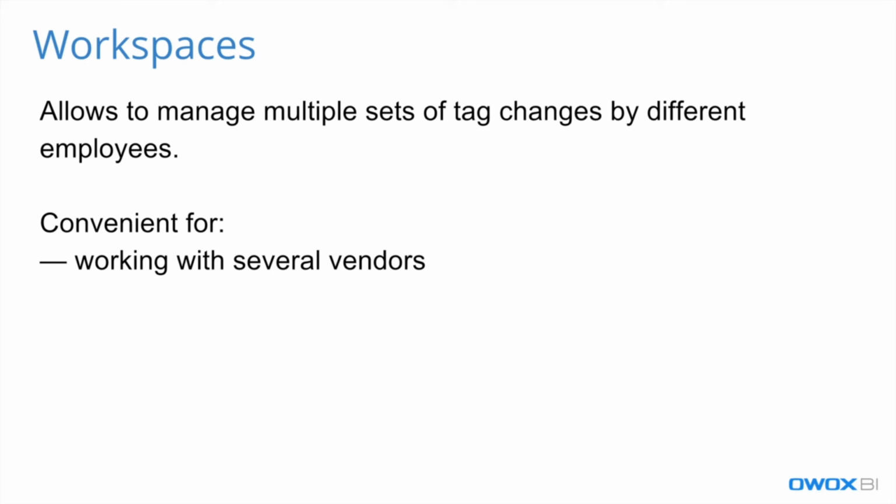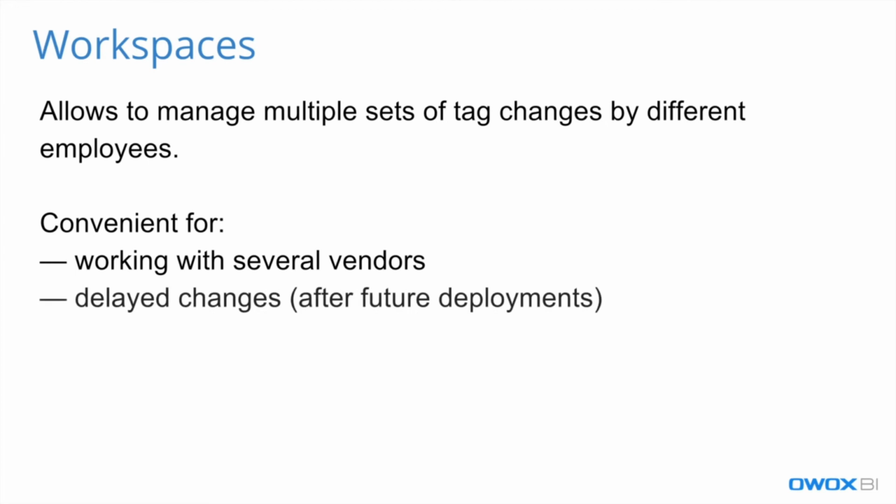So that's why when you create a workspace, it is, let's say, a local environment for each user who works with the system, and he can create any settings that he wants. So it is, first, as I said, good for when you work with several vendors.